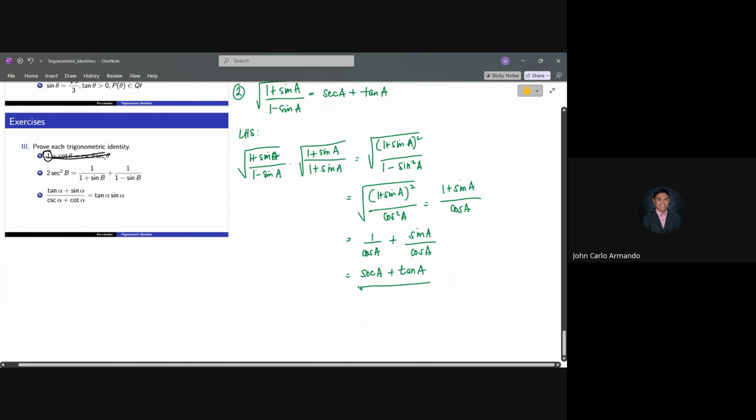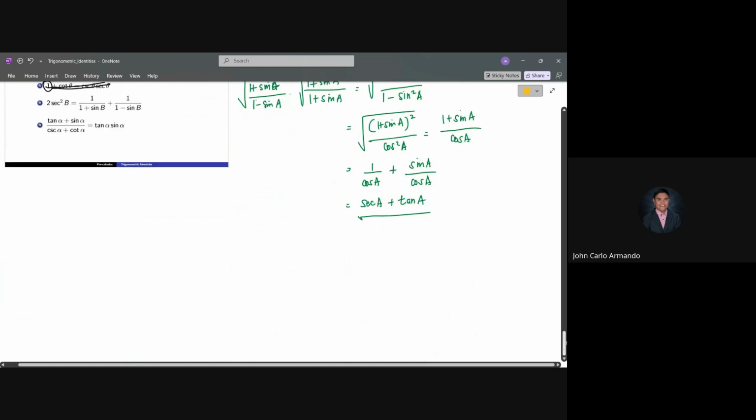So we go to number 2. We have 2 secant squared b is equal to 1 over 1 plus sine b plus 1 over 1 minus sine b.